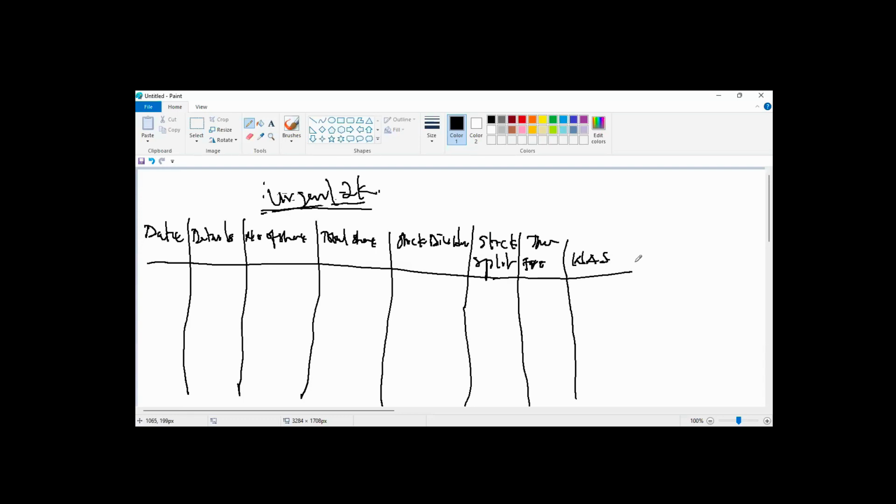Let's see. 1st January, 220,000 shares. 1st January, sold 20,000, fresh issue.